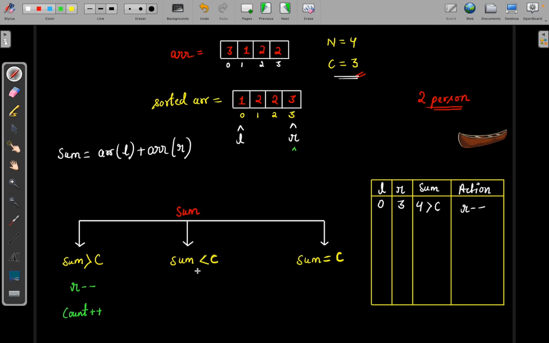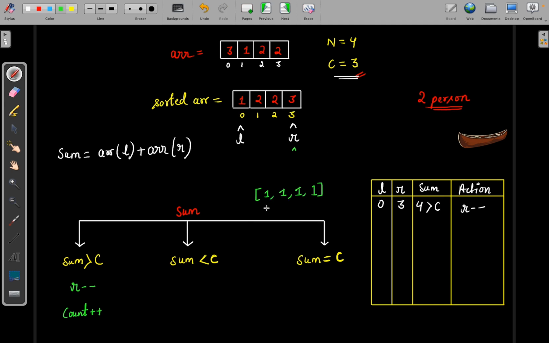Okay. Now if my sum is less than capacity, you will get these types of cases very rarely, maybe. But suppose there is an array of 1 and 1, or suppose more elements, and the capacity is still 3, right?